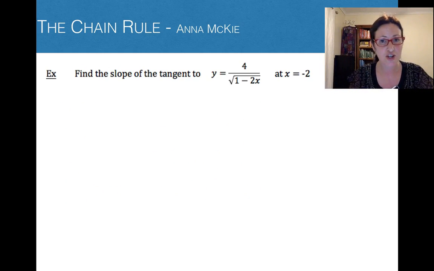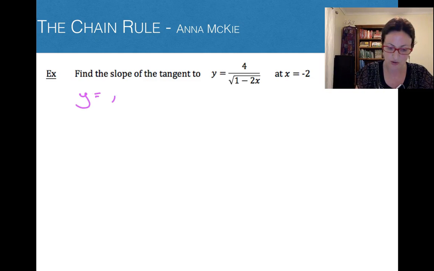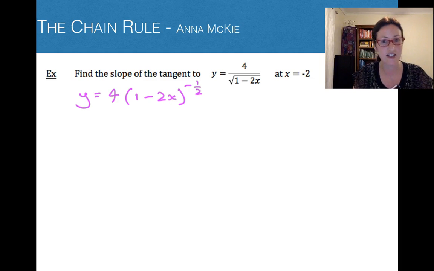A more applied question here, find the slope of the tangent to this function at a point. So when in doubt, differentiate first. Let's rewrite that one so we can use our laws of differentiation. So we will need to write that with a negative fraction power here. Now we can differentiate.